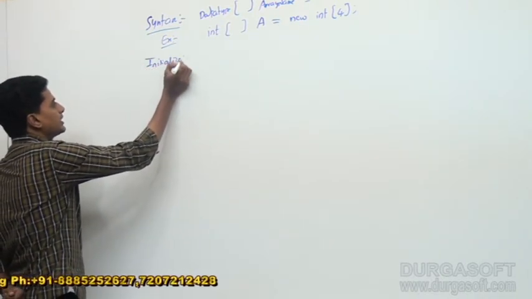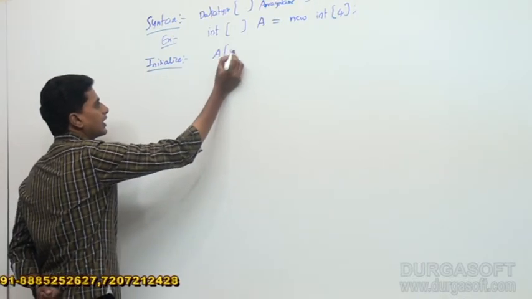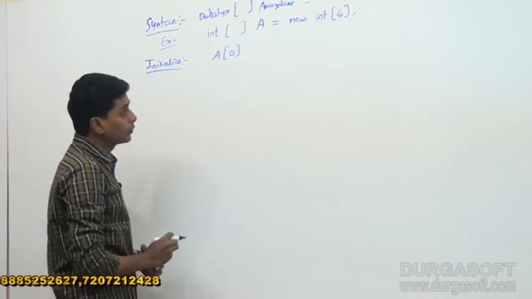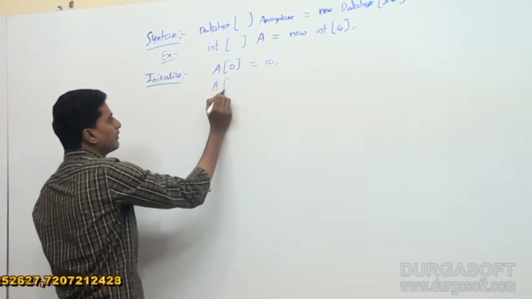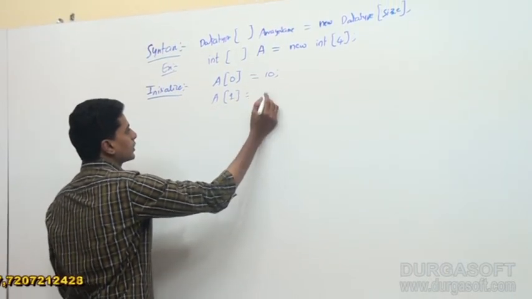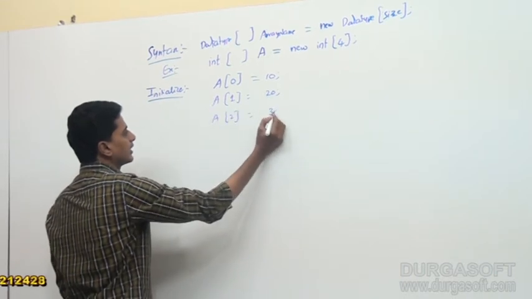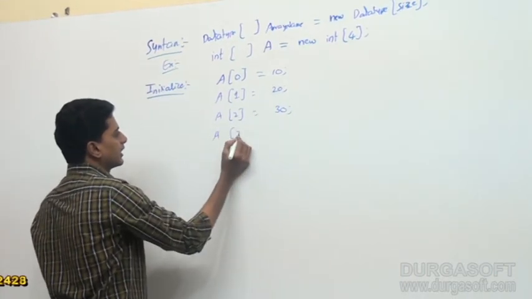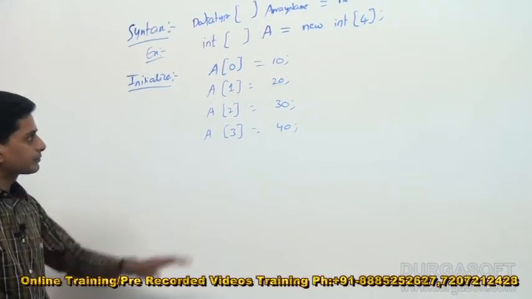How do we initialize the elements? You know that very well. Array name is a. Array index always starts with what? 0. A of 0, which element you would like to place, that you can give. Then second index is 1, that 20 value I am going to give here. And after that a of 2, then 30 value, then after that a of 3 and 40 value. So this is the way to initialize.